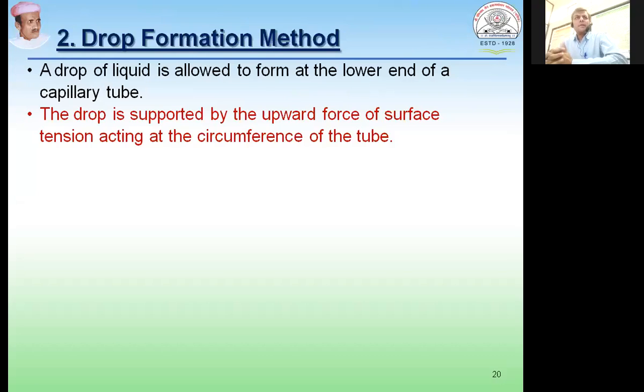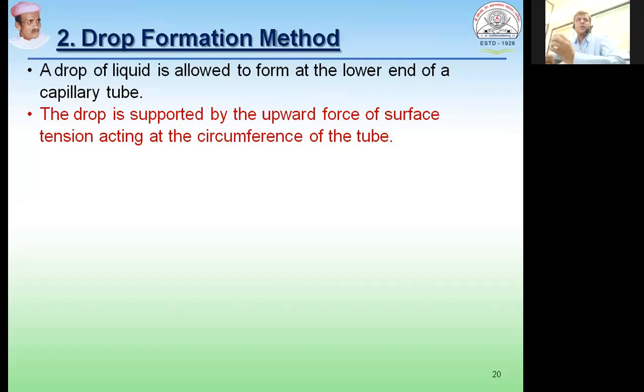As we know, a drop of liquid is allowed to form at the lower end of a capillary tube. Even you must have seen when we loosely close the tap, at that time, most of the time, you have one drop of a liquid which is hanging at the aperture.